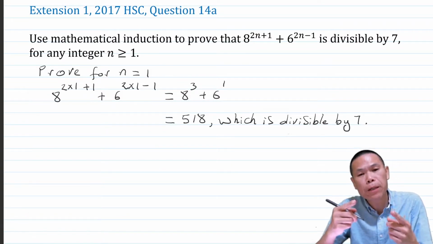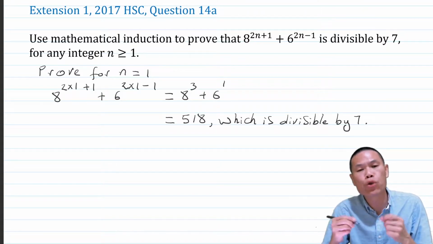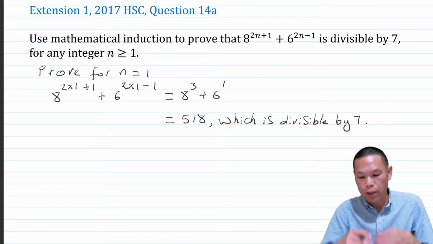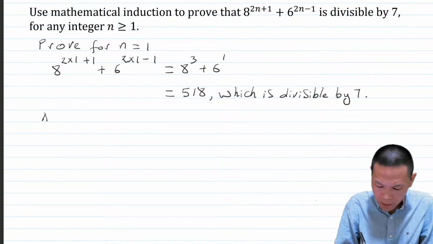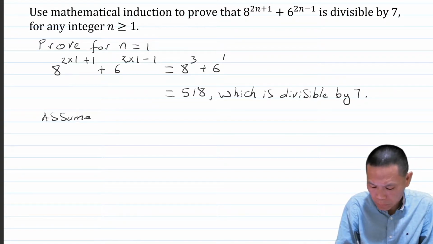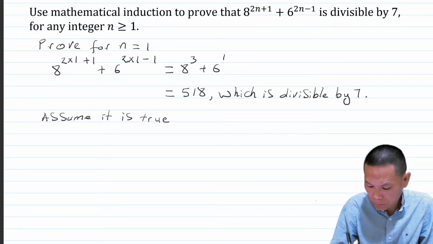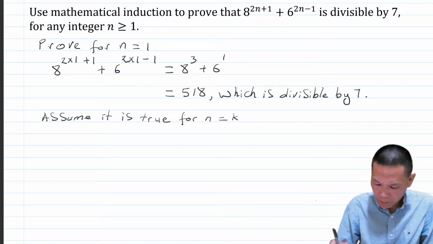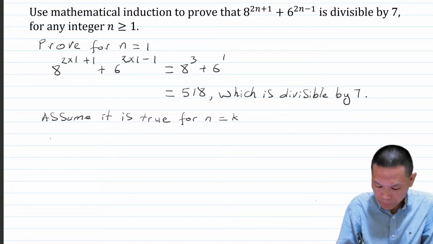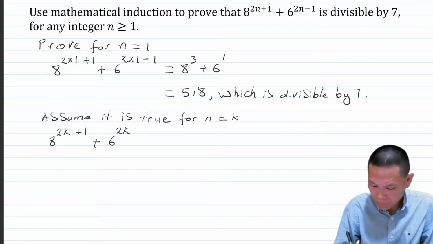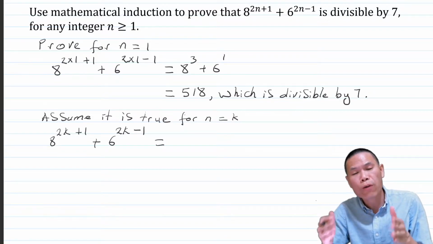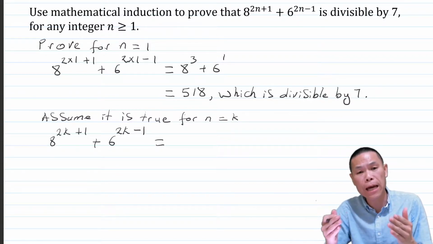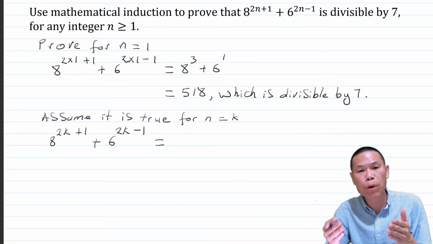The next step is we assume that it is true for n equal k. In other words, we replace n with k. Assume, so that is, because the statement is true for divisible by 7, in other words, it is a multiple of 7.